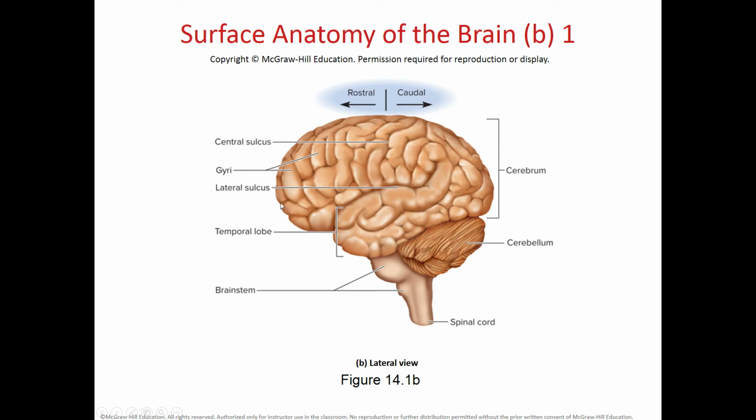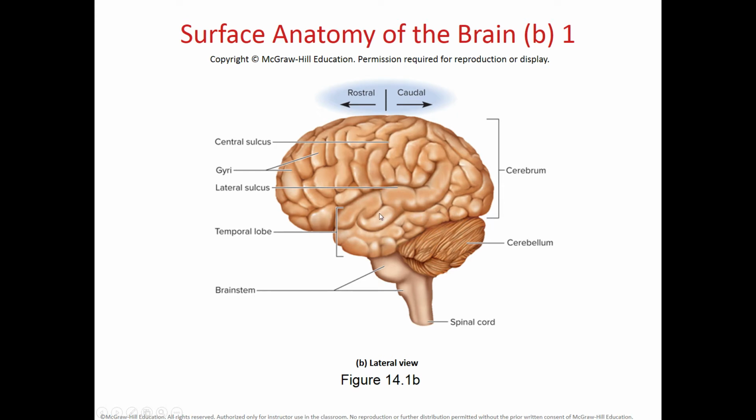So this is the lateral view of the brain, and this area will be anterior, this will be posterior. This directionality is also called rostral, while this is called caudal.